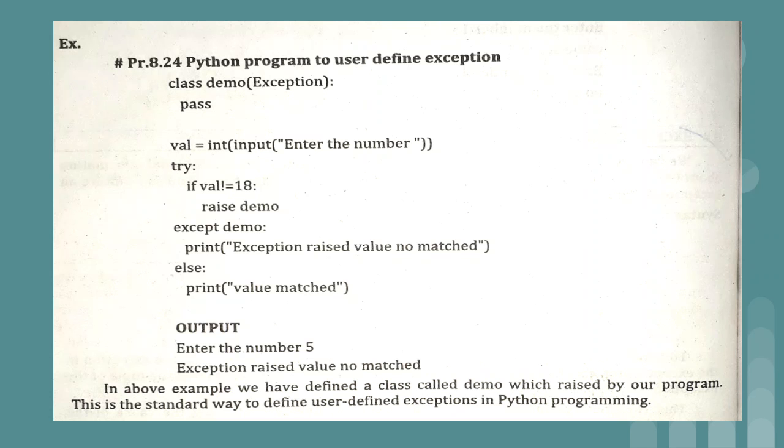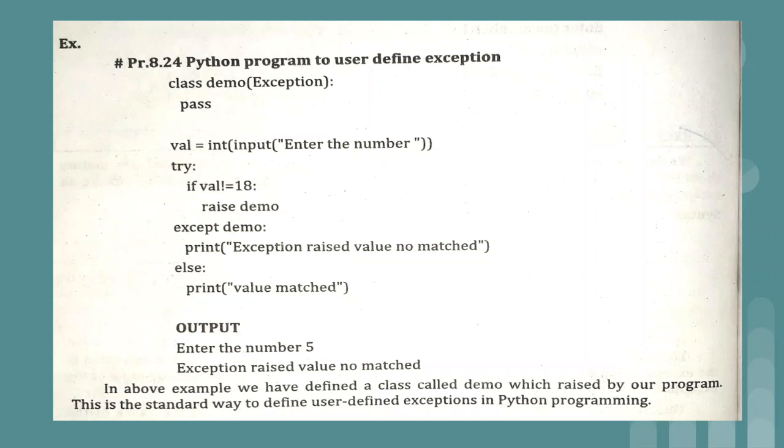Then after that we are going to take one input from the user. In the try block I have written the code: if val not equal to 18, which means the user has entered any number other than 18, then we are going to generate the exception. We want the user to enter 18 as a number; other numbers are not allowed.